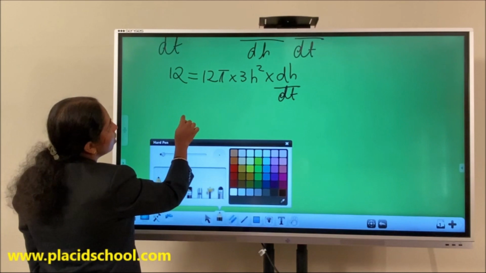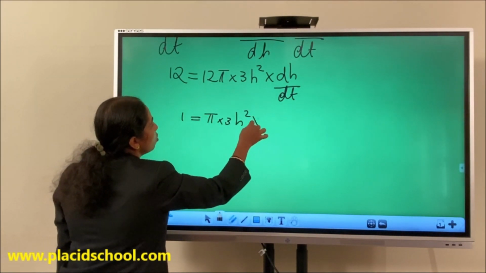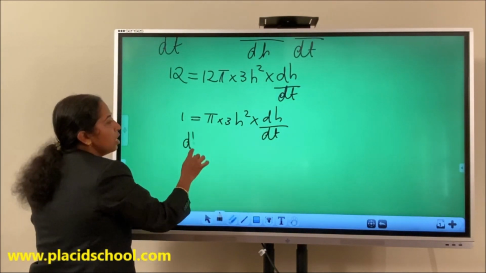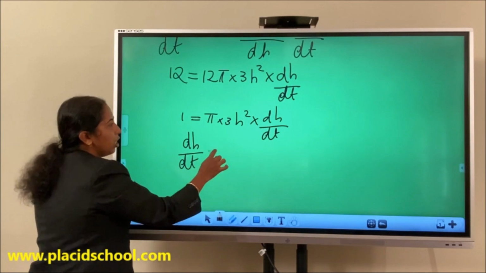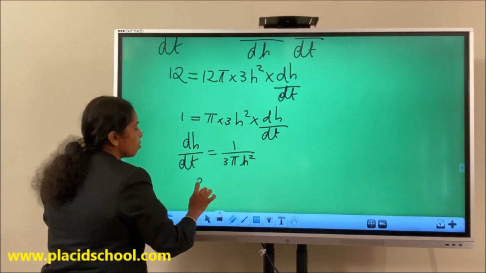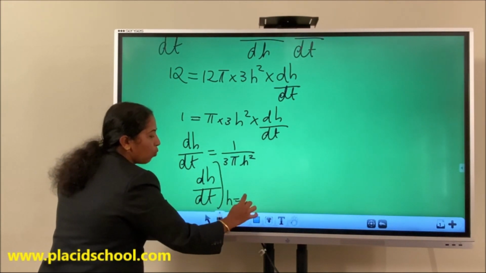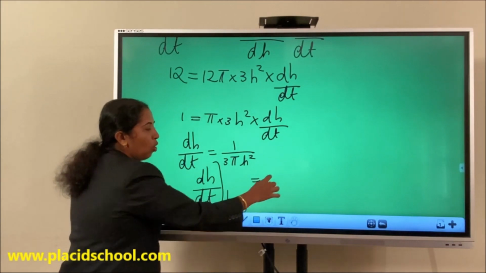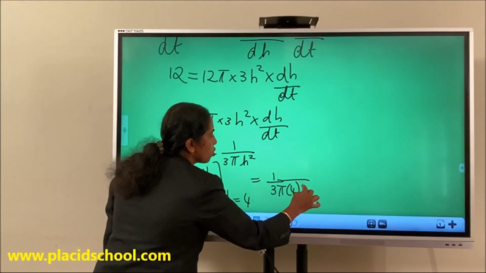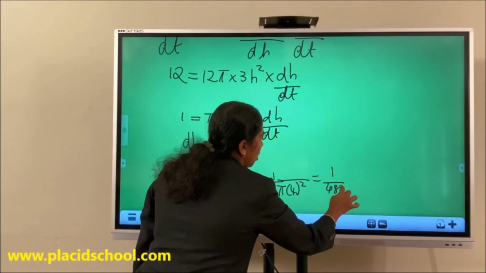Simplifying, I have 1 is equal to π into 3h² into dh/dt, from where dh/dt equals 1/(3πh²). So dh/dt when h equals 4 is 1/(3π × 4²), which is 1/(48π).